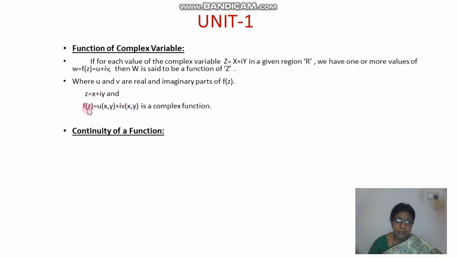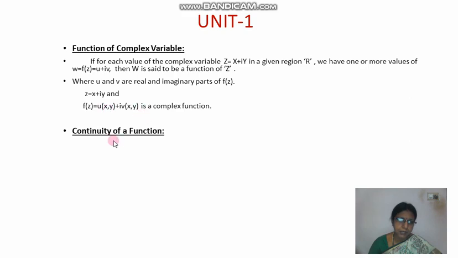Totally f of z is also in x,y terms. So this is variable z, then f of z is a complex function. This is very important. In the total unit, you remember this one, z is x plus iy, f of z is u plus iv, u, v are in x,y terms.